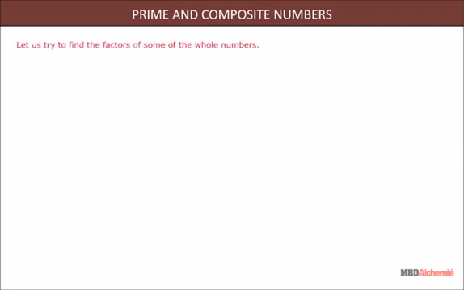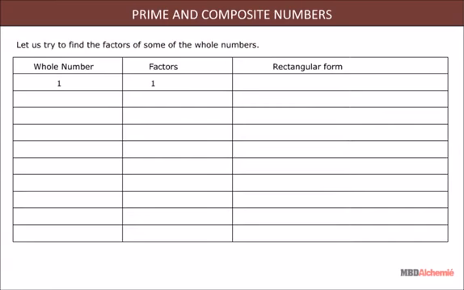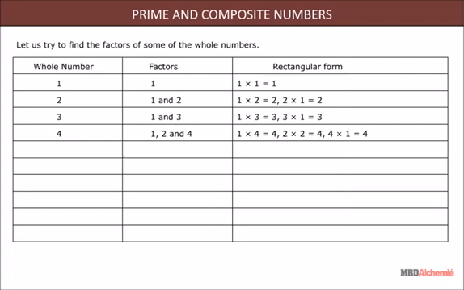Let us try to find the factors of some of the whole numbers. Factor of 1 is 1. Factors of 2 are 1 and 2. Factors of 3 are 1 and 3. Factors of 4 are 1, 2 and 4. Factors of 5 are 1 and 5.